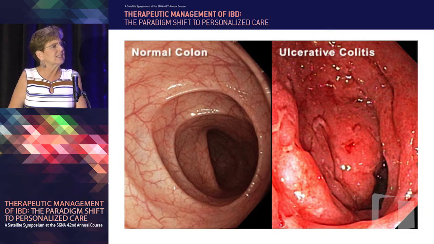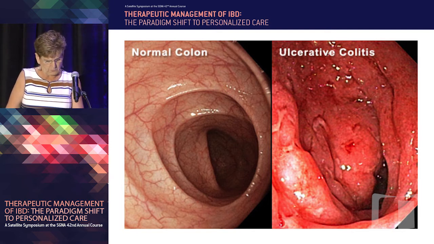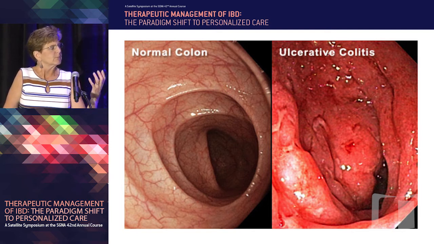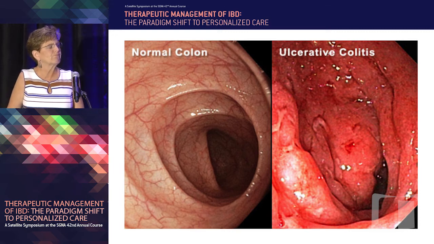Colonoscopy is key to making the diagnosis so that we're able to get biopsies of these specimens. The normal colon here shows you all the landmarks and good blood supply.